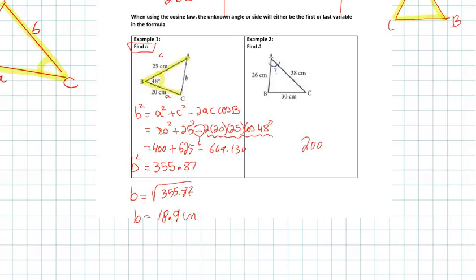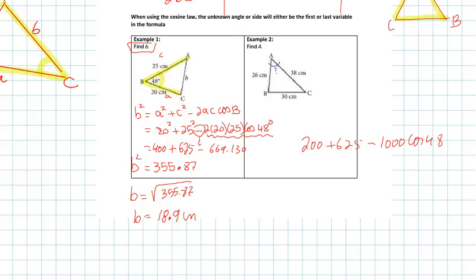They tend to do 2 times 20 times 25, which is 1,000, times cosine 48. And then they do this plus this minus this, and then they leave the cosine, and that's totally wrong.